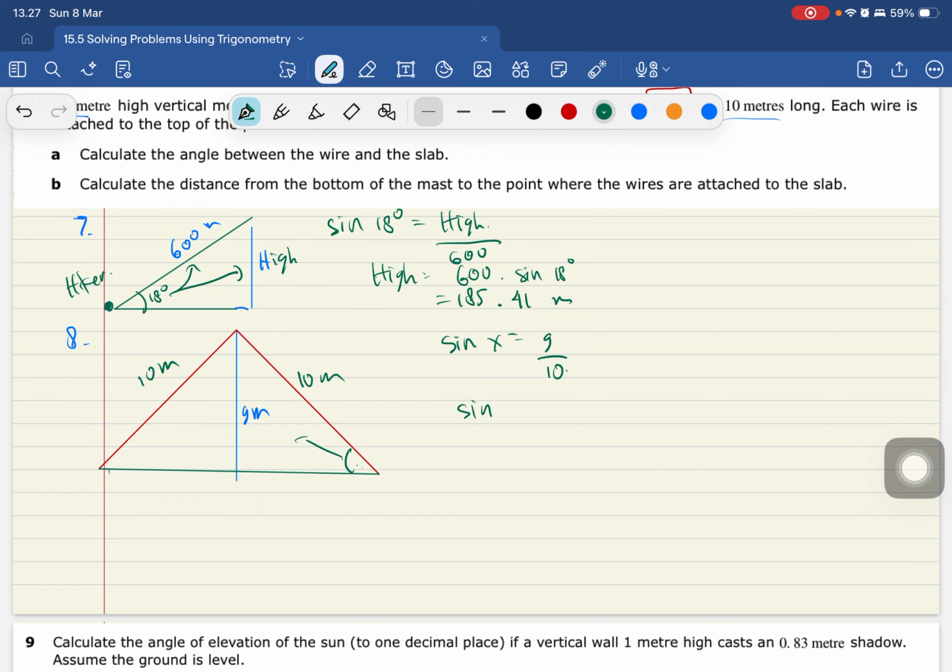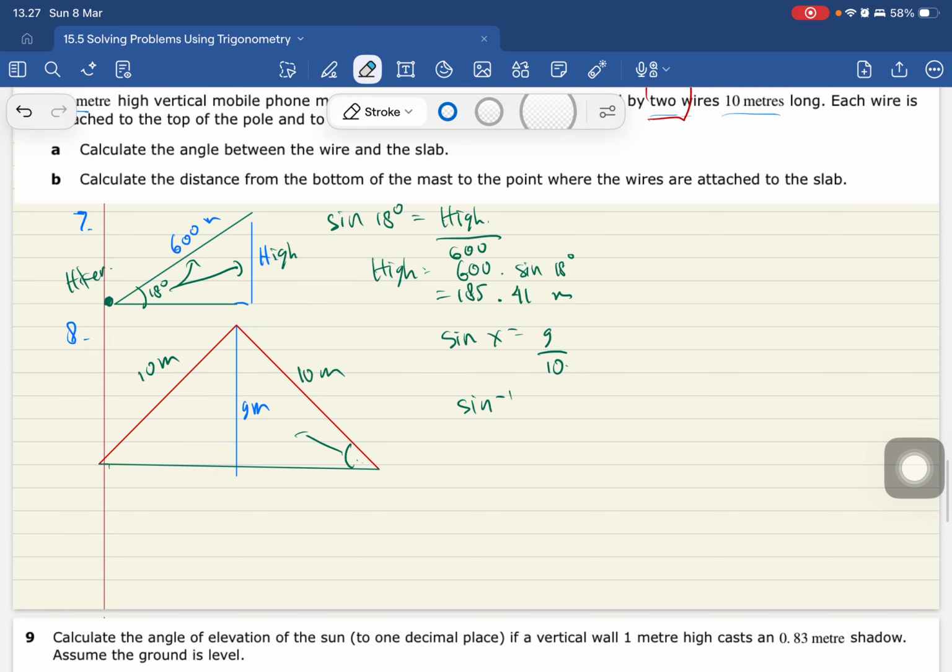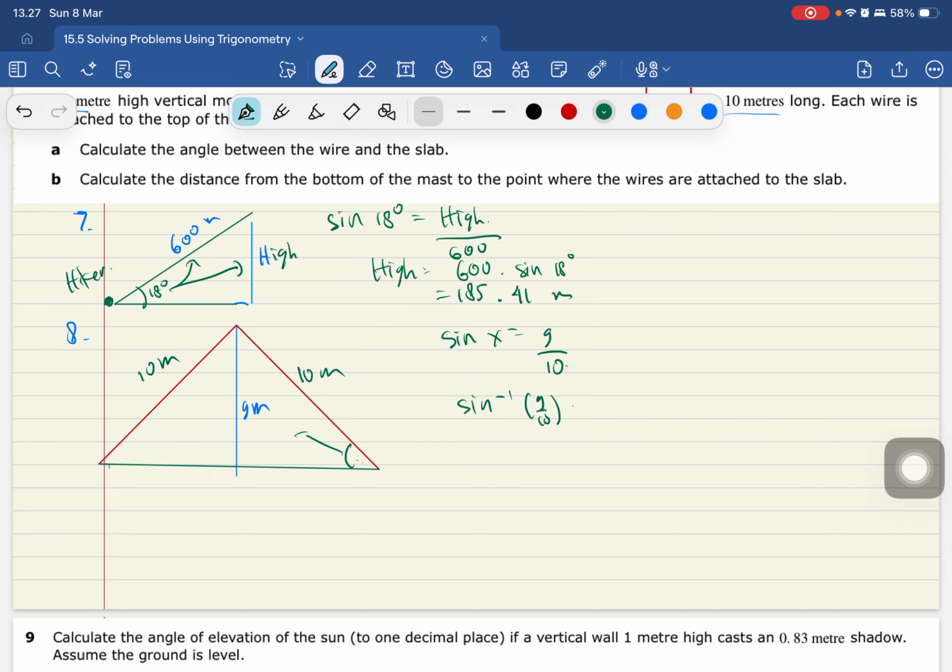So sin x equals 9 over 10. So x is going to be the angle. Let us write sin inverse of 9 over 10. This is going to be 64.2 degrees. The angle is 64.2 degrees.